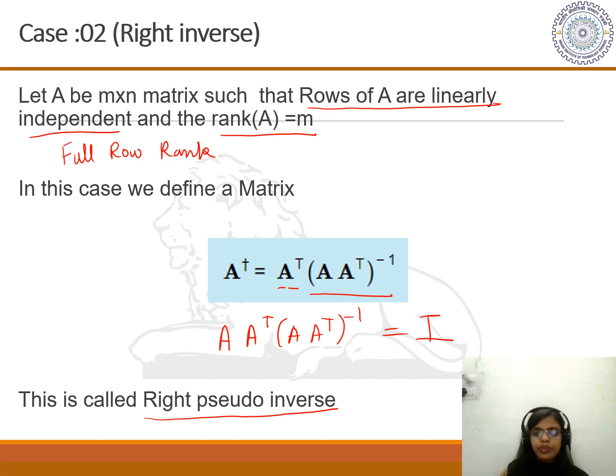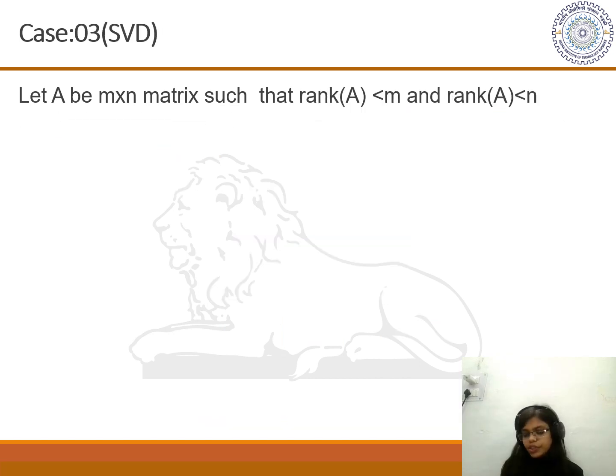So now we will move towards our third case. Here A is an m cross n matrix and rank of A is less than m and rank of A is less than n. So this is a case of a rank deficient matrix. Here the matrix A is not a full rank matrix.